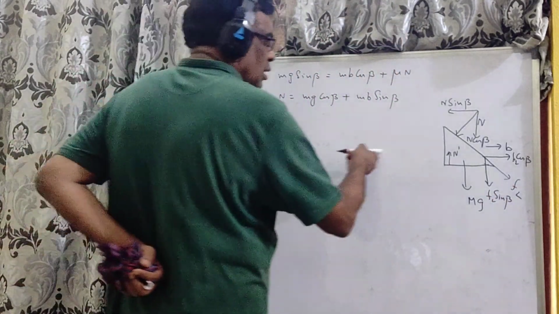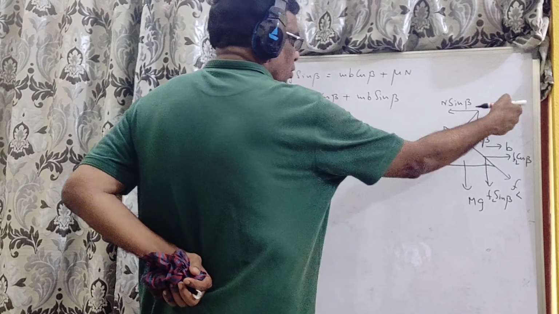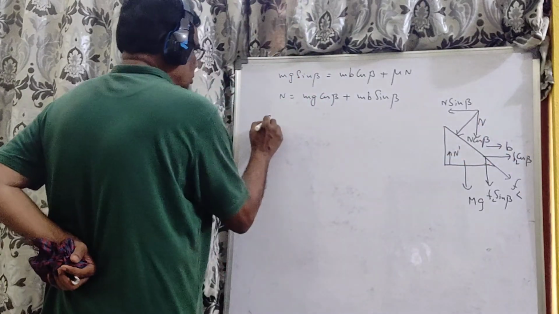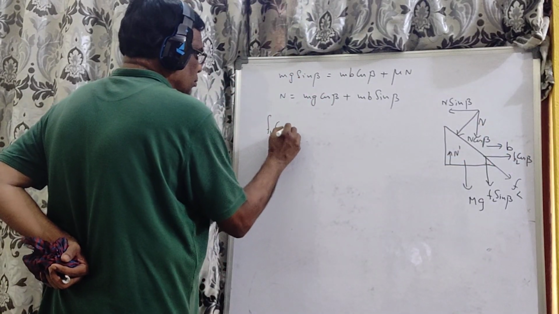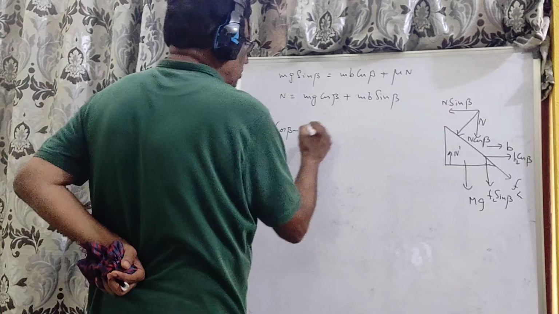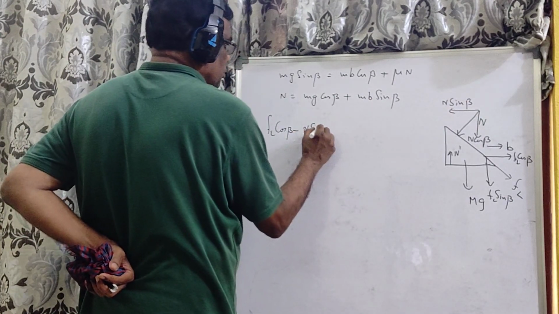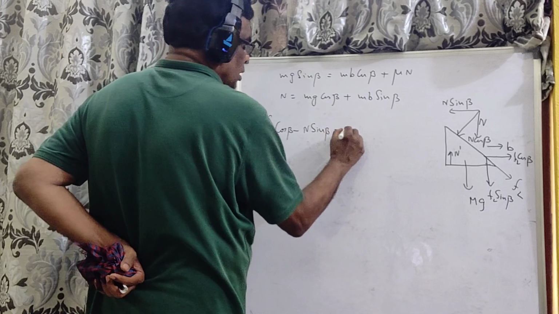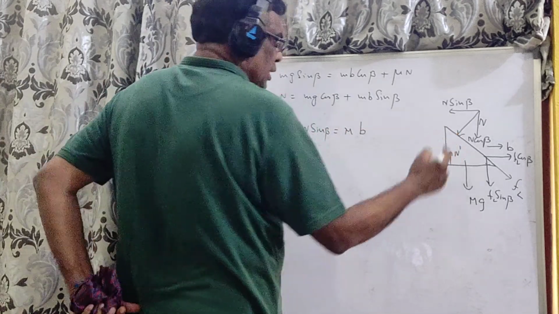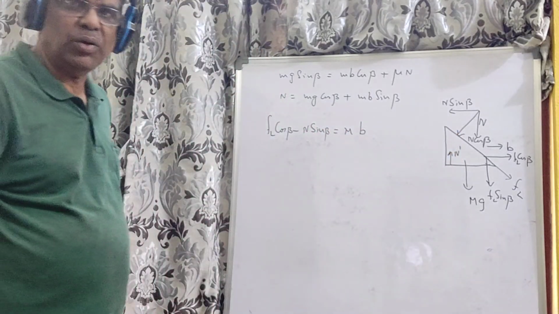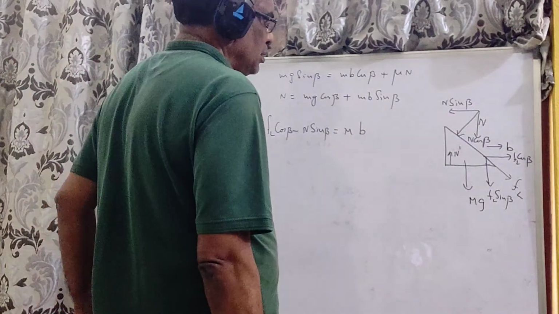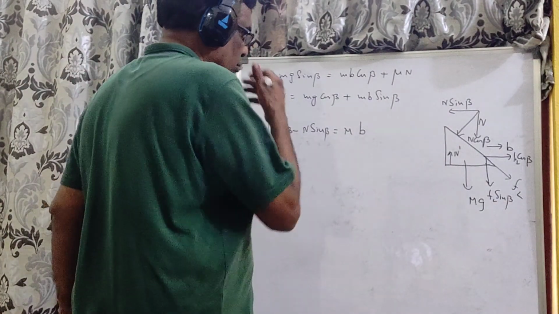How do you write? The horizontal equation is important for us. In this direction, minus opposite, is equal to mass into acceleration of that body B. Okay?